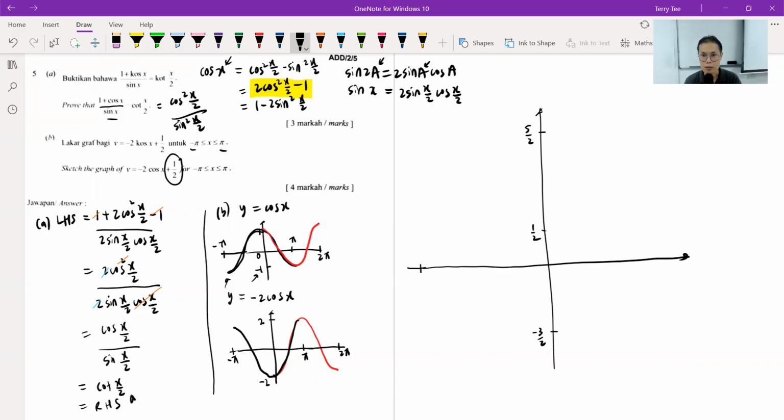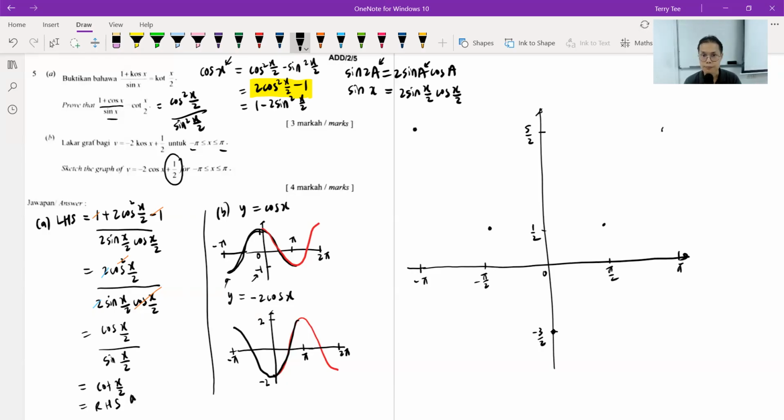Maybe extend this a bit longer. This is -pi. This is pi. This is -pi over 2. Pi over 2. I just draw a bigger version. Okay, we know that initially we start here. This is second point, third point, fourth point, and fifth point, right?